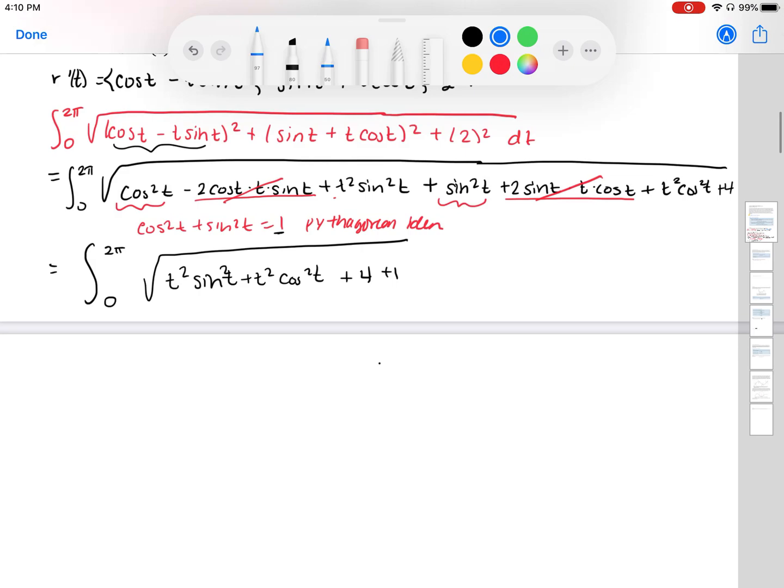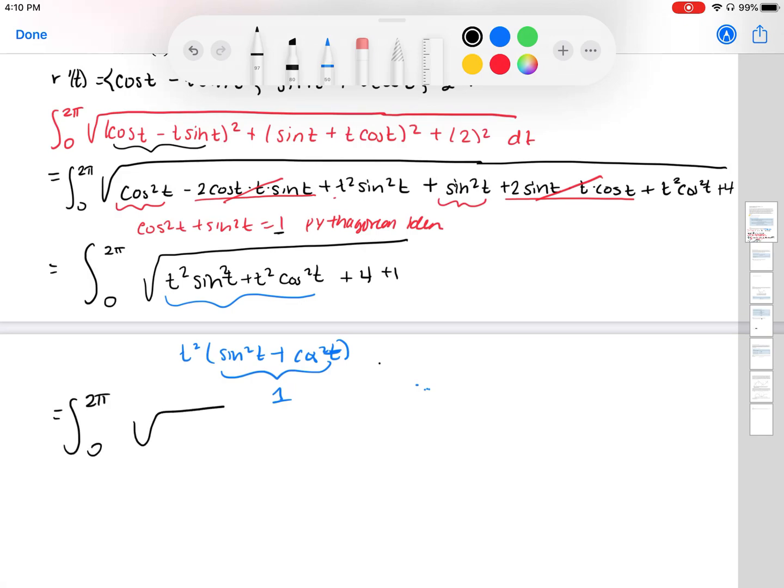Now notice that if we factor t squared, we again have the Pythagorean identity. T squared times sine squared t plus cosine squared t, we again get 1. So that we have the integral of 2 pi to 0 of, so we have t squared times 1, which is just t squared, plus 5.